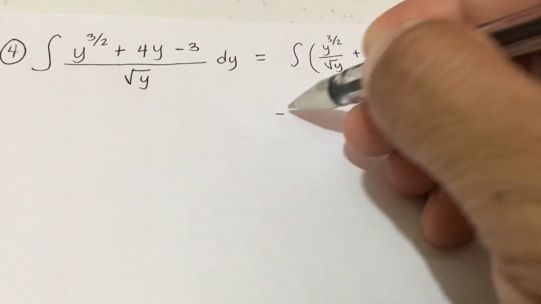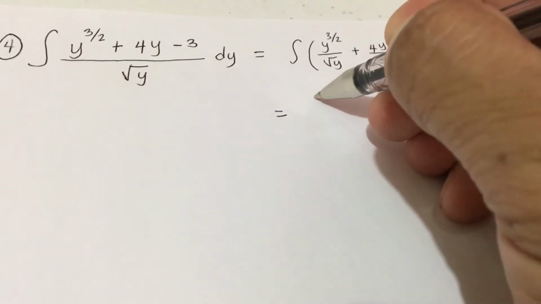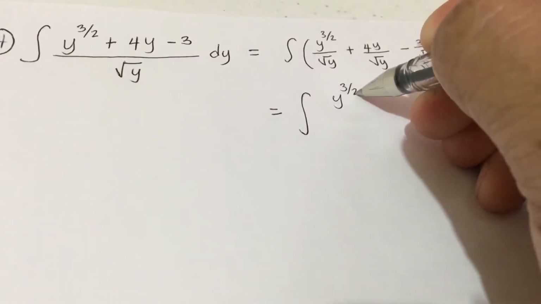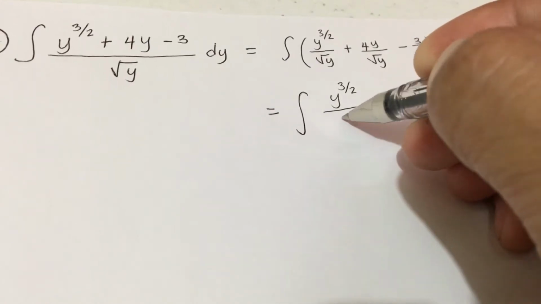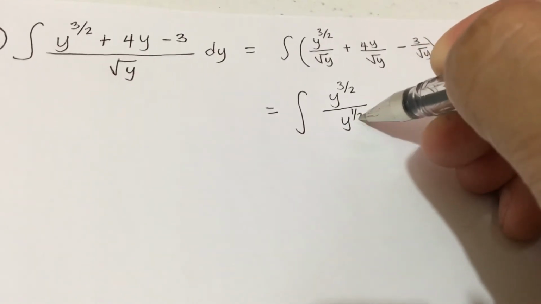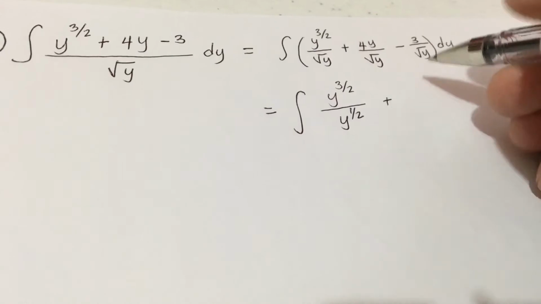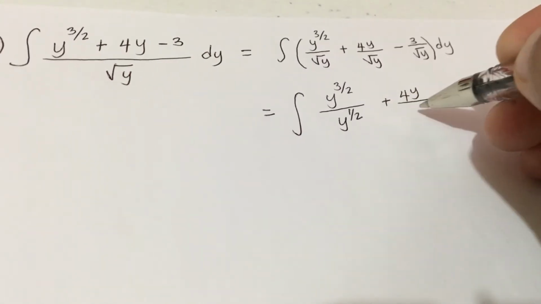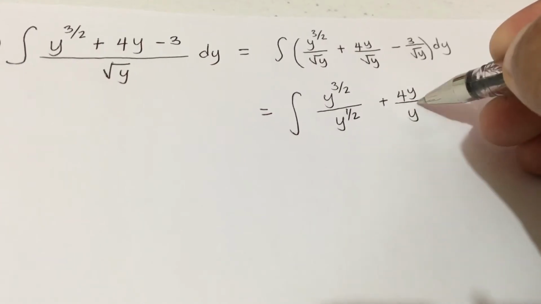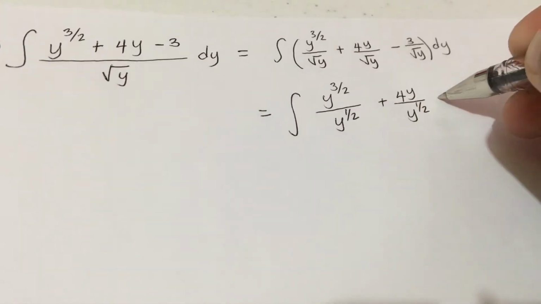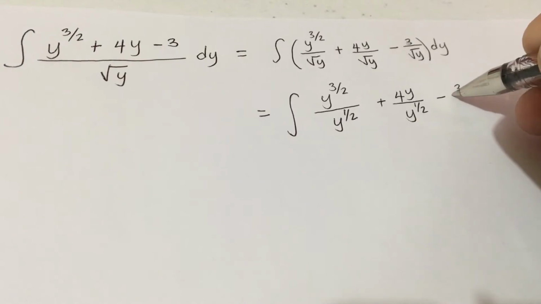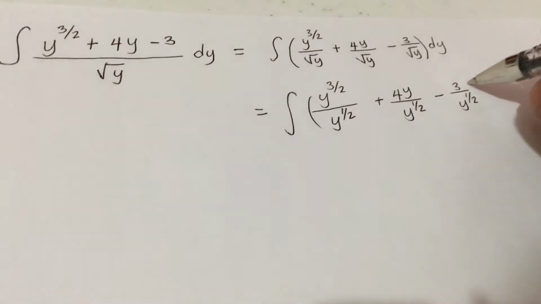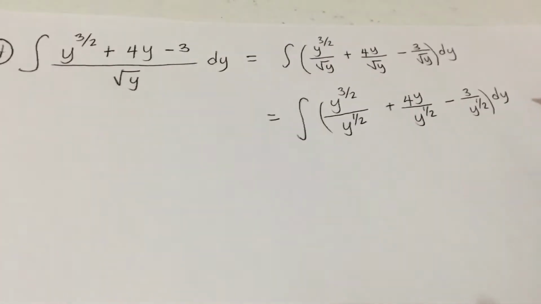So we can rewrite this as integral of y to the 3/2 divided by y to the power 1/2 plus 4y divided by y to the power 1/2 minus 3 divided by y to the power 1/2, and everything is multiplied by dy.